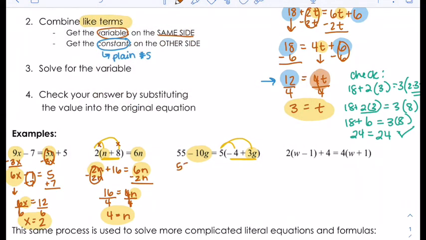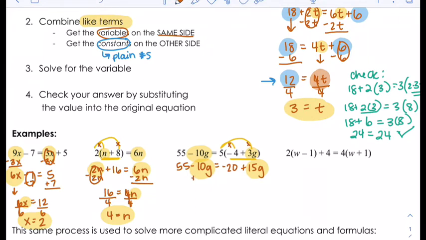The left is going to stay the same for now, 55 minus 10g, and I'm going to distribute on the right. 5 times negative 4 is negative 20, and 5 times 3g is a positive 15g. Now that I've distributed, I have negative 10g on the left and 15g on the right. I want to get my variables together.